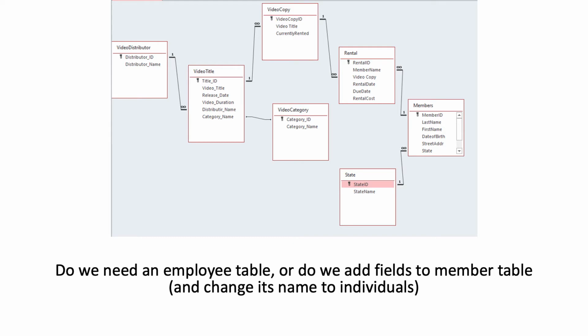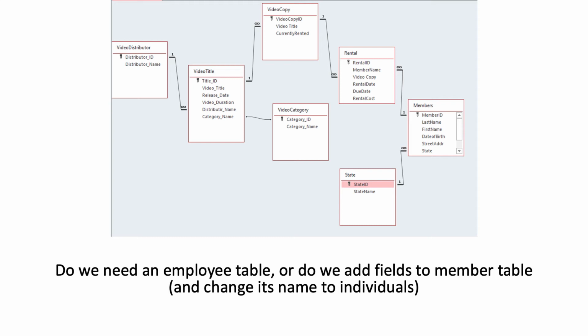Okay. Do we need an employee table, or do we want to add fields to the member table and change its name to individual? So, we could have an employee table out here, but then if Bob Smith checks out things, he'll have to be in the member table, and if Bob Smith is an employee, he'll have to be in the employee table.